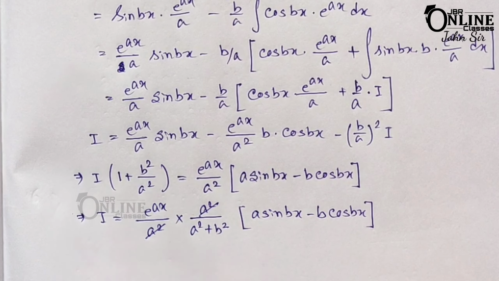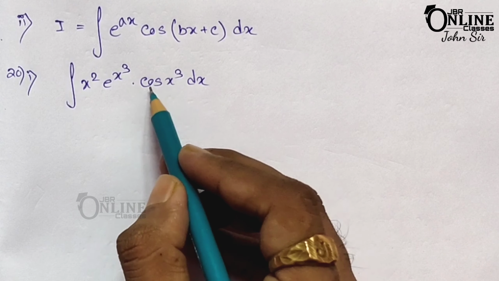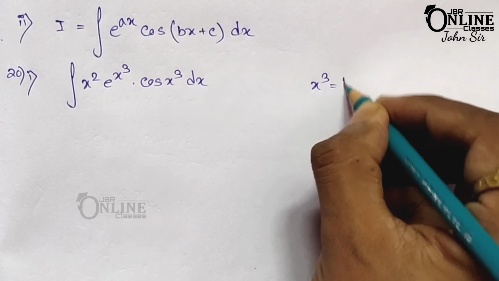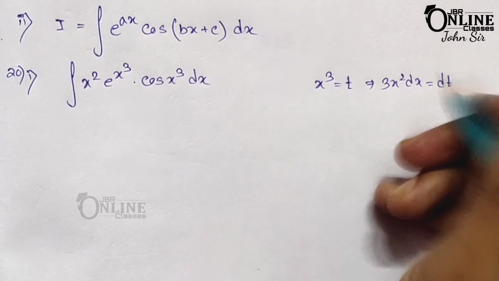Now sum number 19.2 is the same as sum number 19.1, so I hope you can solve it. So here sum number 21. In sum number 21, integration x square e to the power x cube and cos x cube dx. So first let here x cube equal to t, okay, then differentiation with respect to x, so it will be 3x square dx equal to dt.